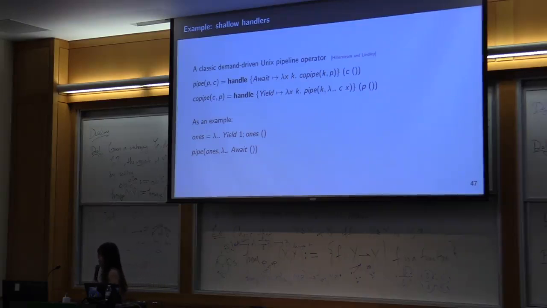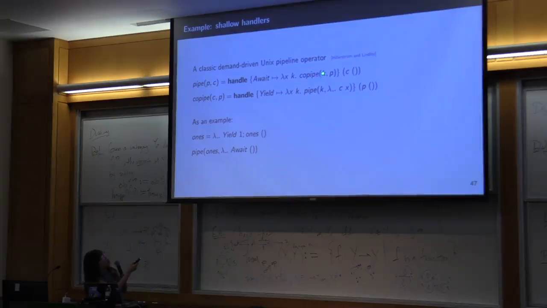Yes? Why doesn't the await give you an infinite loop? I would have thought that the await sends you into ones, which goes into ones forever. Right, very good question. When you await, you call this callback.